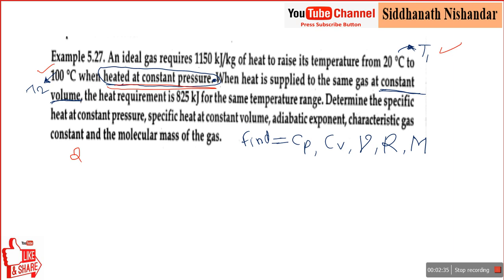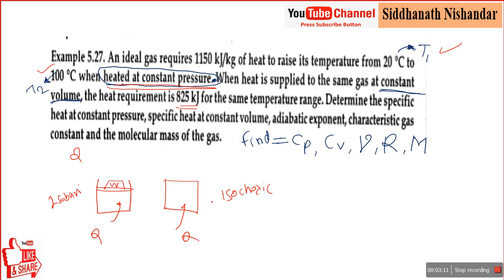When heat is supplied to the same gas at constant volume, the heat requirement is 825 kilojoule. So two conditions are given. One is the addition of heat at constant pressure, and the same gas is heated at constant volume. This is the isobaric process and this is the isochoric process.